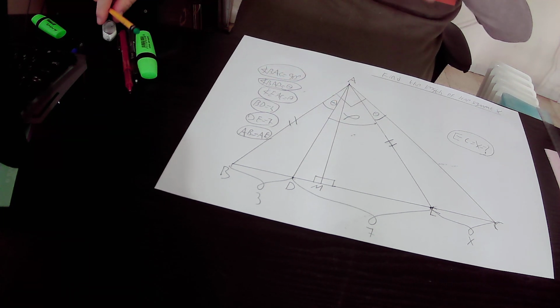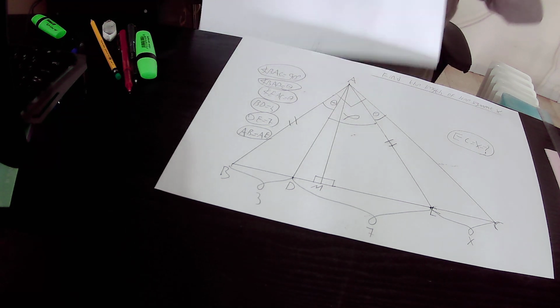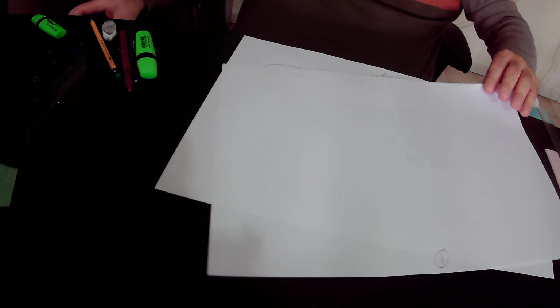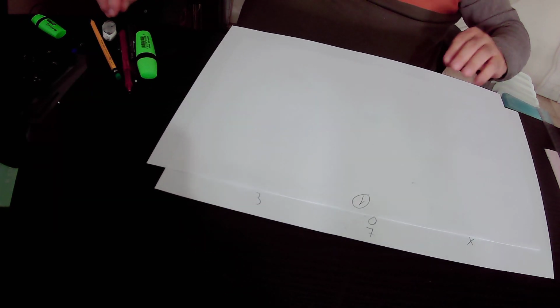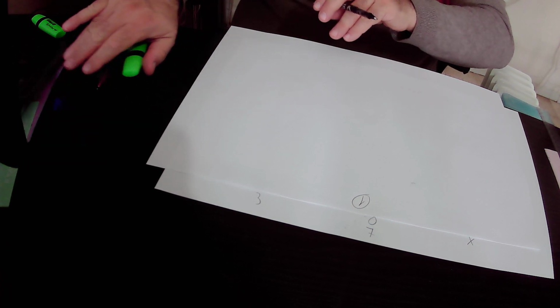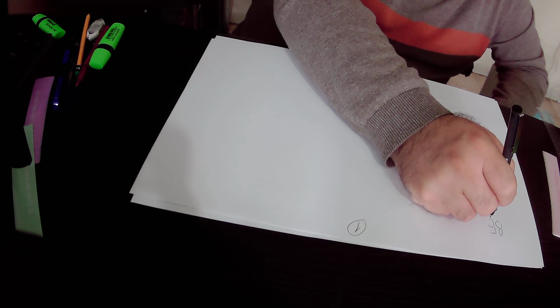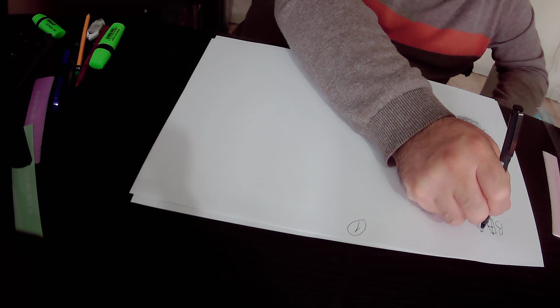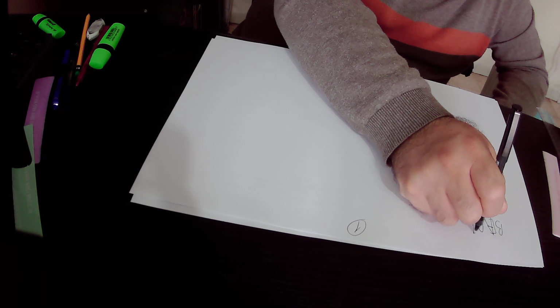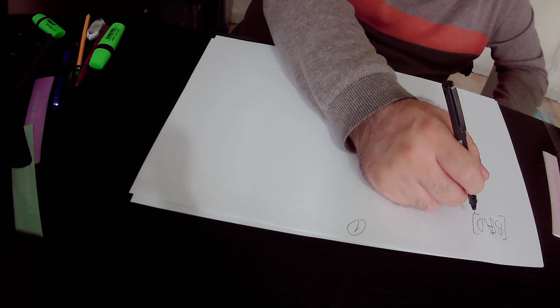So the area of triangle BAD, here the squared brackets are the same as area.